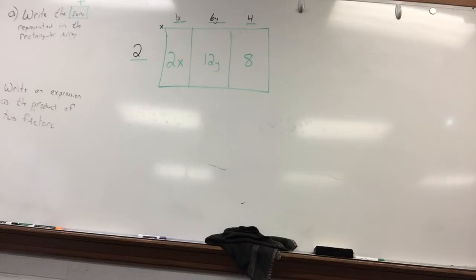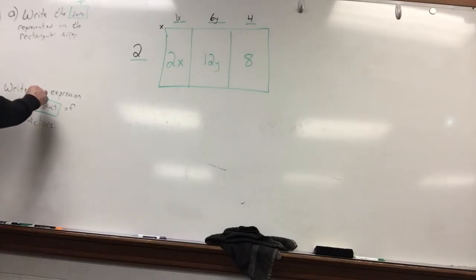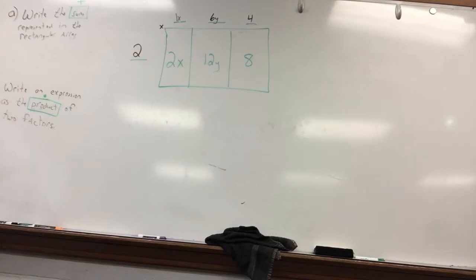What's the key word in letter B, Luke? Product. What is the product? The answer to a multiplication problem. So there should be some type of multiplication here. Now, let's think about the very first thing we did.